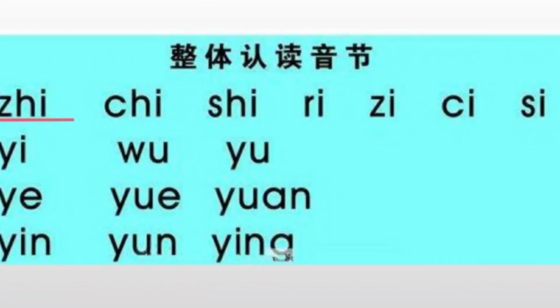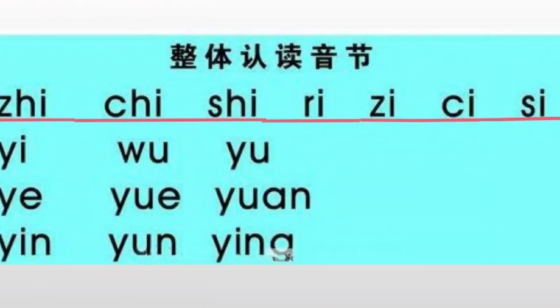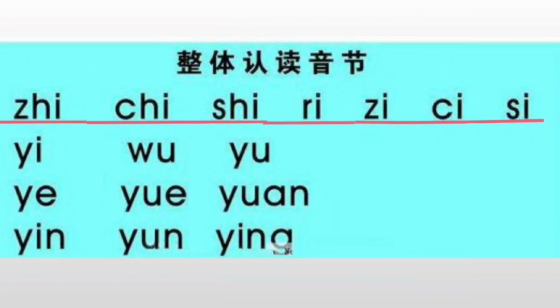Like zhi. It's not g, it's zhi, shi, zi, ci, si. And the rest you can all pronounce. Yi, wu, yu, ye, yue, yuan, yin, yun, ying. I don't require you to remember it now, but I want you to try to pronounce it and use it as a tool for us to remember the sound of those characters, okay?